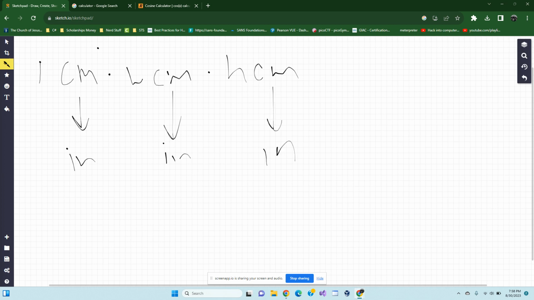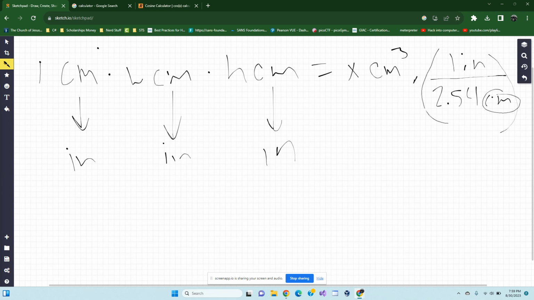Or, when you get your answer, it would be in something like centimeters cubed. You need to remember that the conversion factor for centimeters to inches, I'm pretty sure, is 2.54 centimeters per 1 inch. You need to remember that you have cubed here and you don't have cubed there, which means you need to cube this.